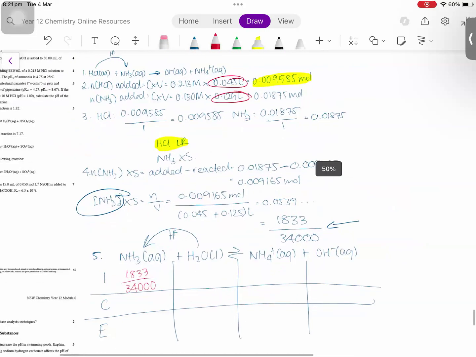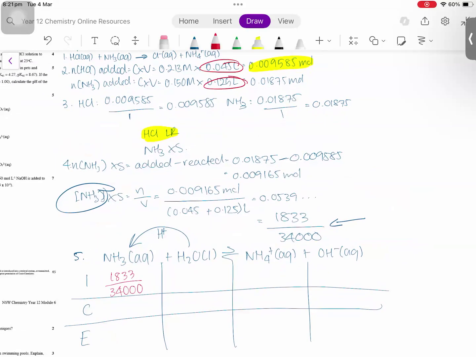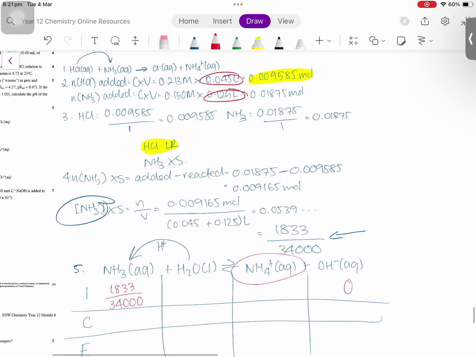Listen carefully. What is the concentration of hydroxide initially? 0. I haven't made any hydroxide yet. Have I made any NH4 plus?